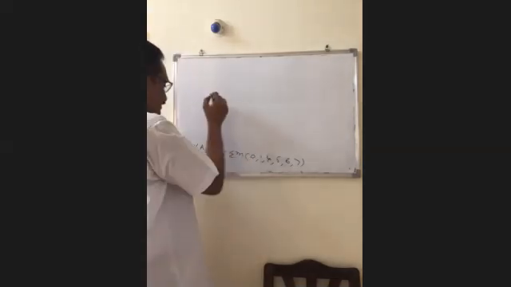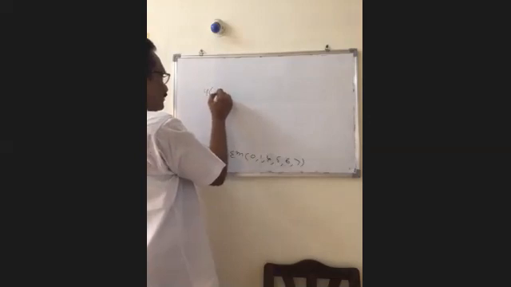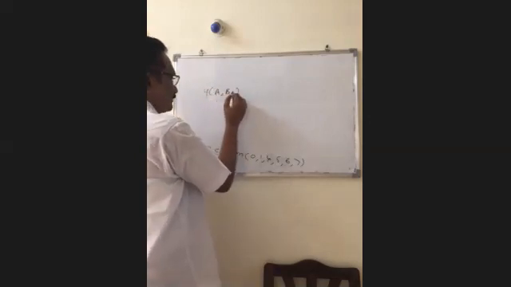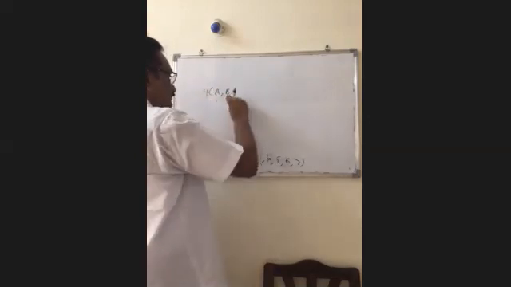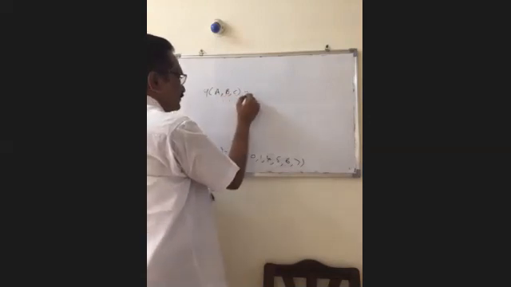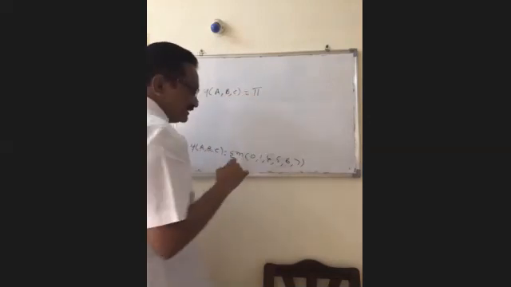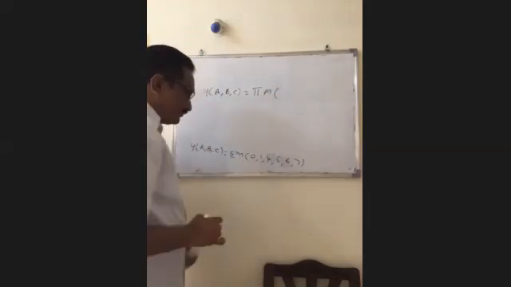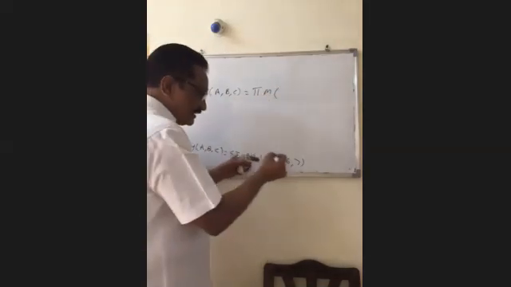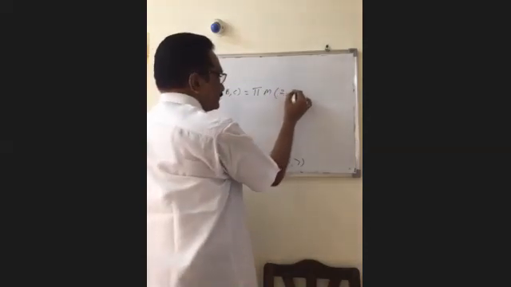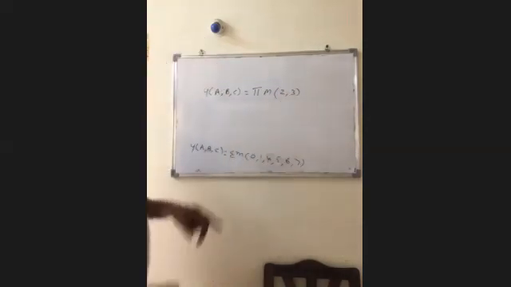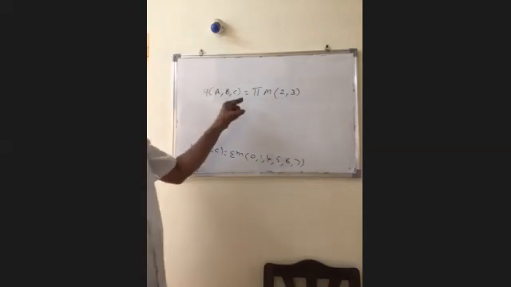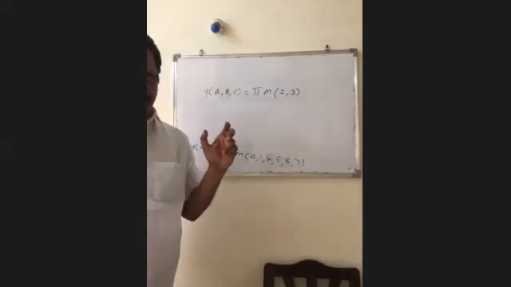So write for this one, Y of ABC equal to pi, pi means product, capital M of the remaining terms, 2 and 3. So no doubt in that one, this is a canonical POS expression.